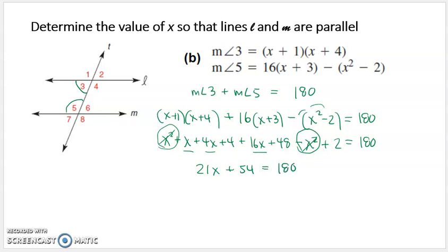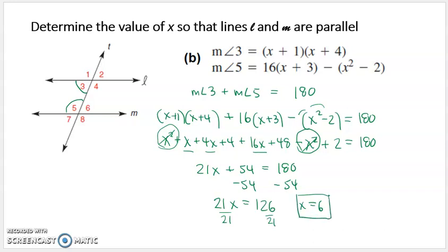Subtract 54 from each side, and I get 21x equals 126. And when you divide each side by 21, you get x equals 6.